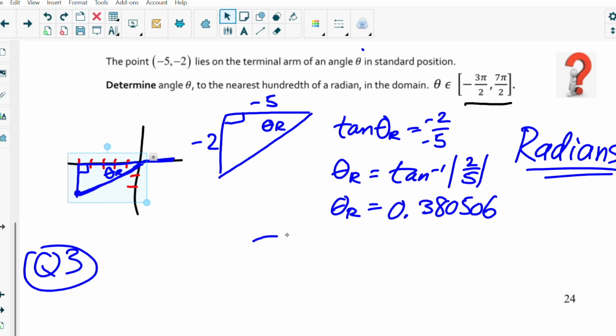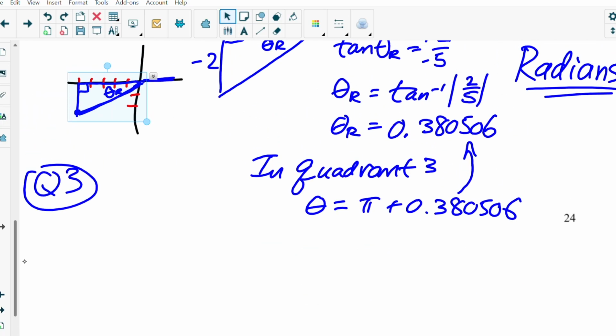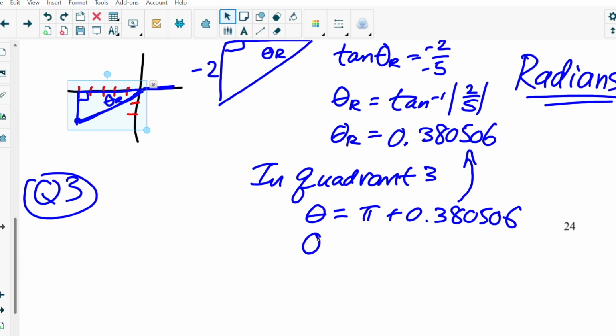Okay, so now that I'm in quadrant 3, I know the angle in standard position equals pi radians plus 0.380506, which is my theta r reference angle. So theta equals, to the nearest hundredth of a radian, 3.52 radians. Okay, not done yet though.